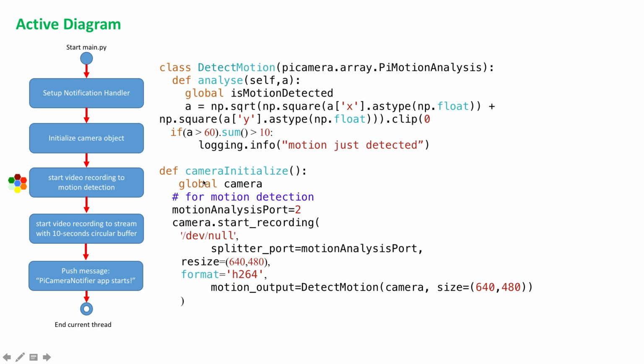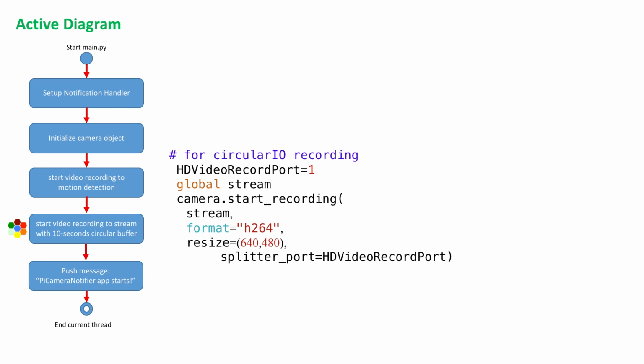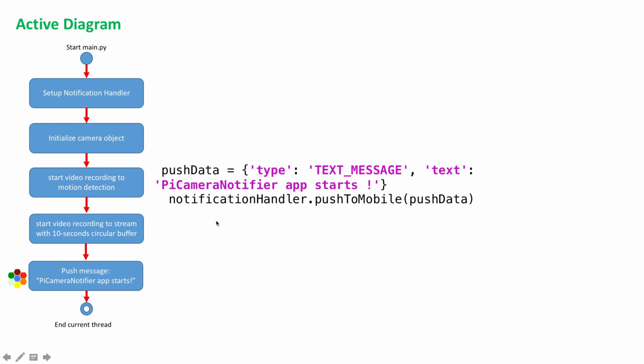You can see here, we start recording to the motion detection class. This is the input for motion detection. And we also start recording to the stream. So at this point, the Pi will push a notification to the Pushbullet app to inform you it's up and running and ready to detect motion.